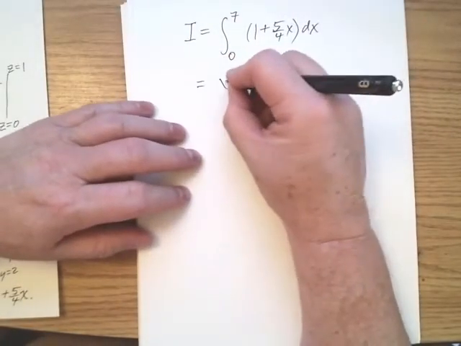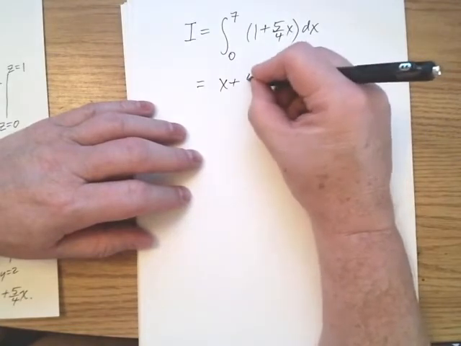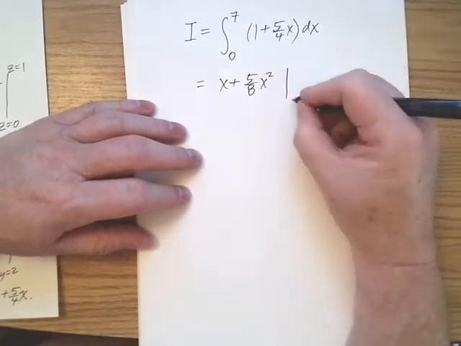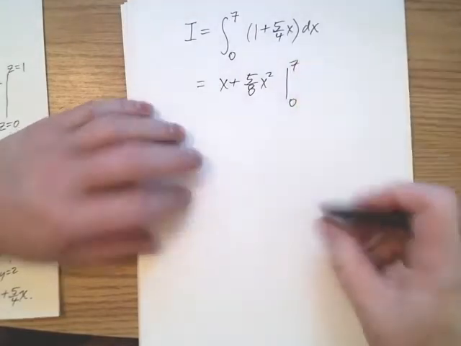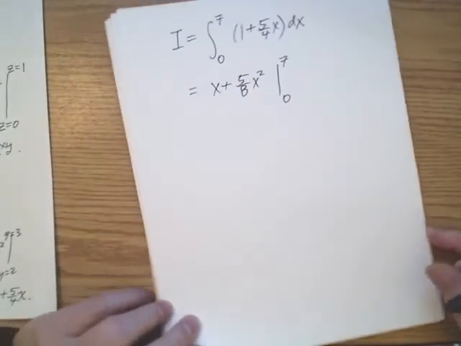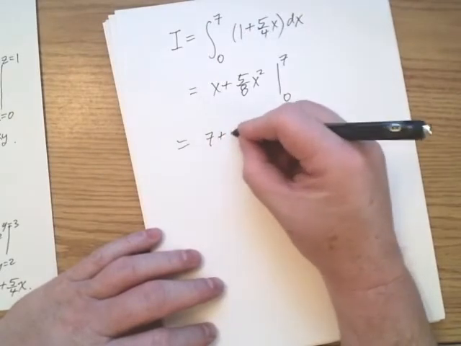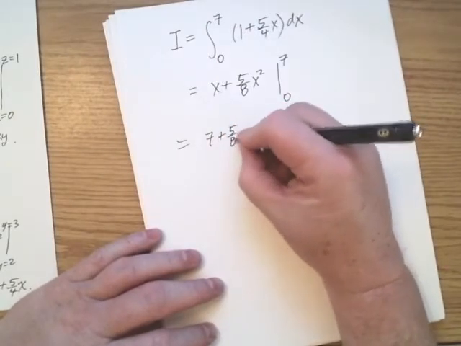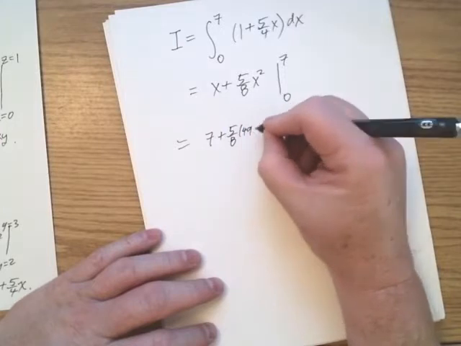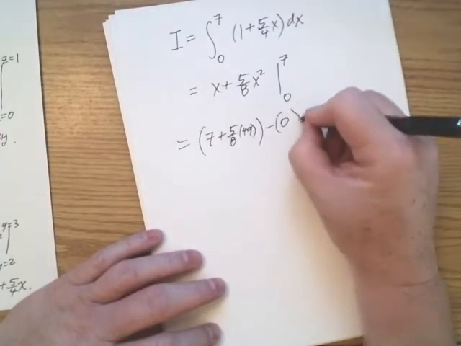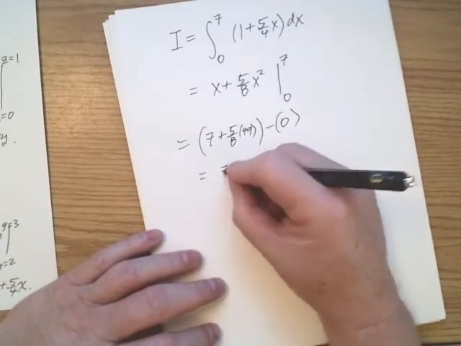We would get x plus 5/8 x squared. And x is going from 0 to 7. I won't write x equals there. I think we're pretty clear. There's only one variable involved this time. 7 plus 5/8 times 7 squared, which would be 49. Minus 0.